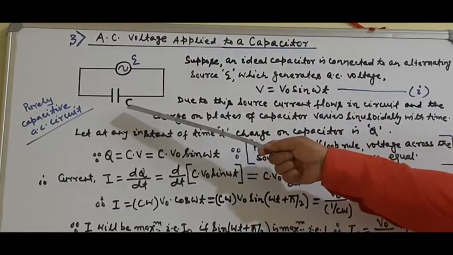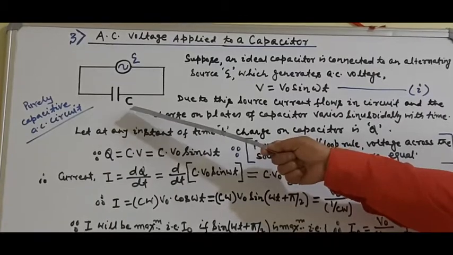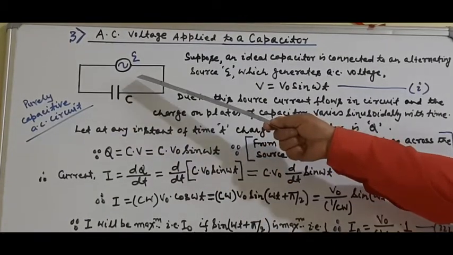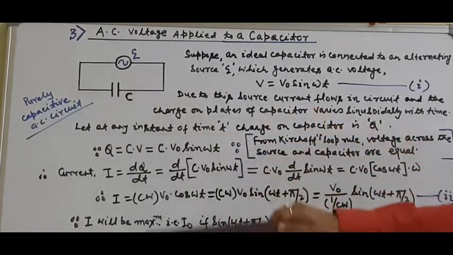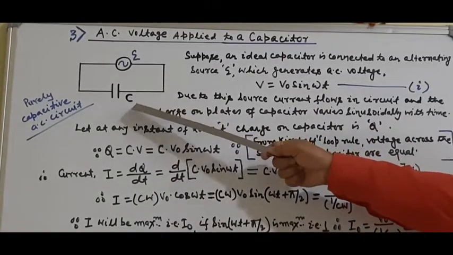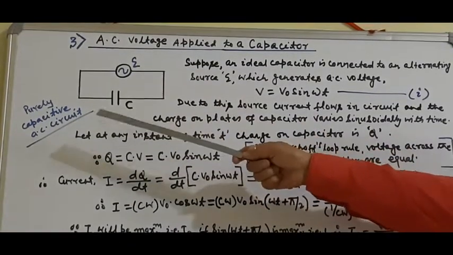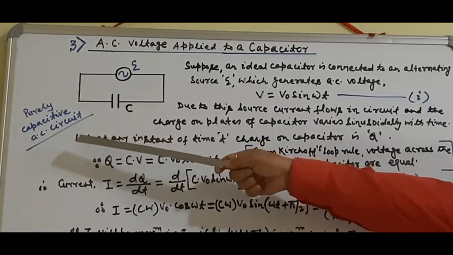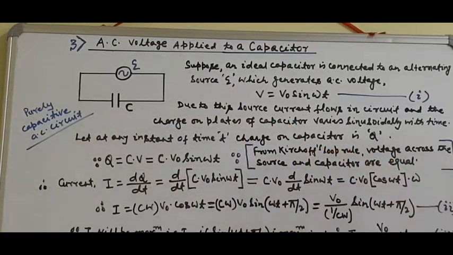Here an ideal capacitor of capacitance C is connected to an alternating source of EMF E. Since an ideal capacitor is connected, this circuit is known as the purely capacitive AC circuit.